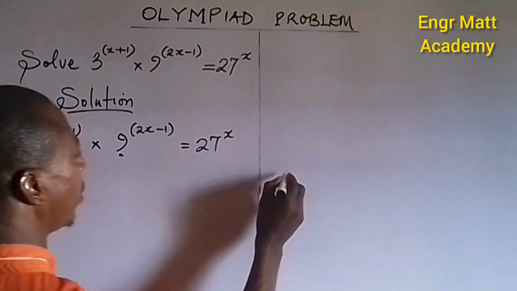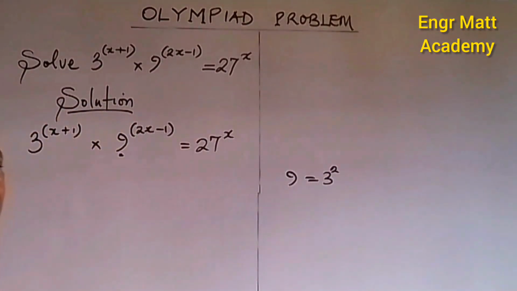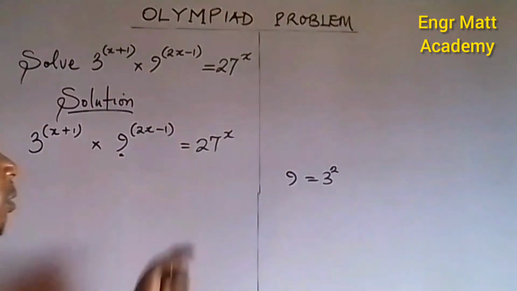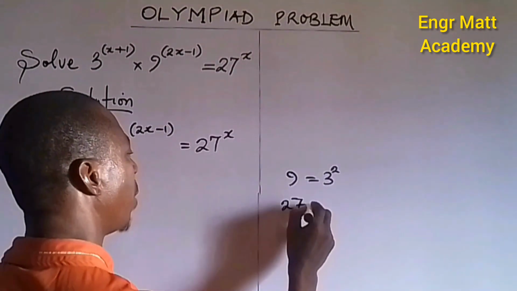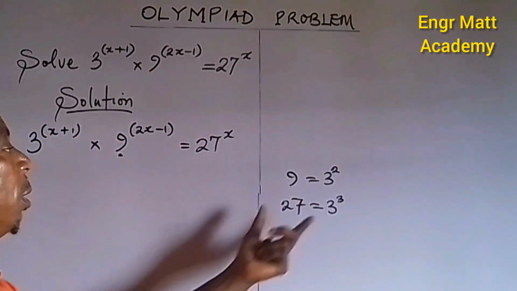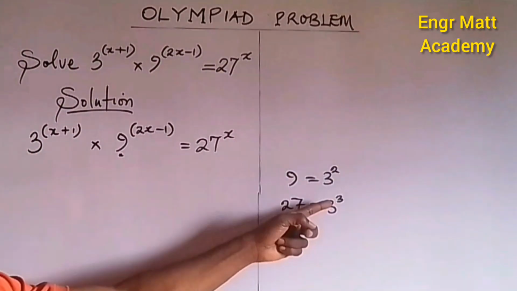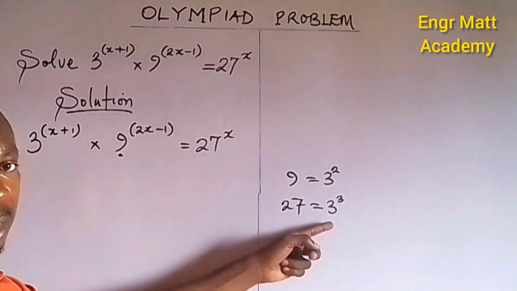9 is the same thing as 3 squared, right? What about 27? 27 is the same thing as 3 cubed. This means we can convert 9 to base 3 and 27 to base 3.